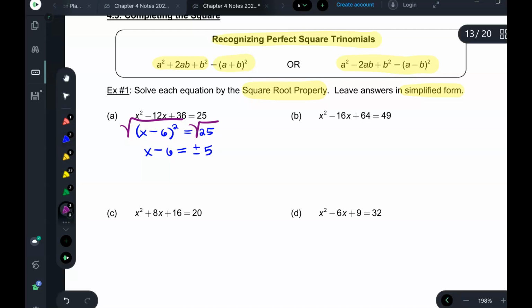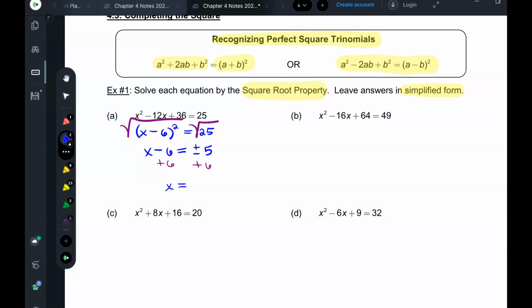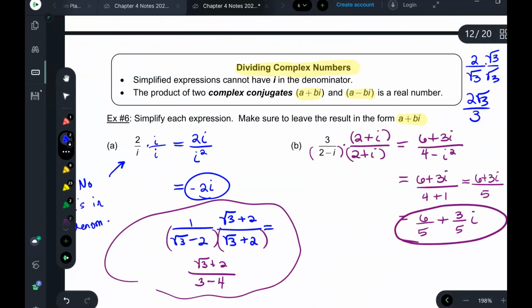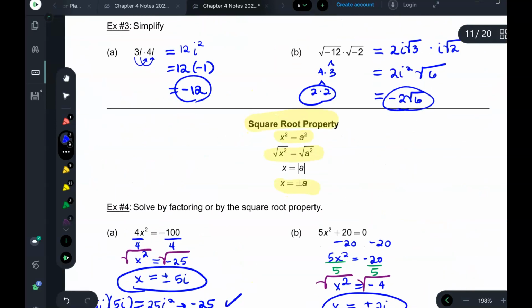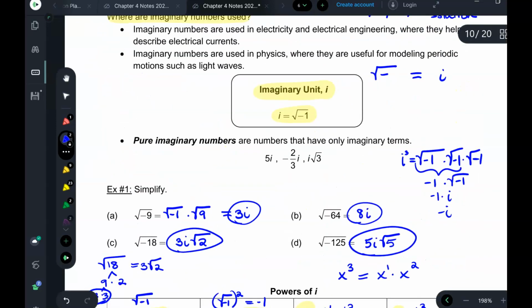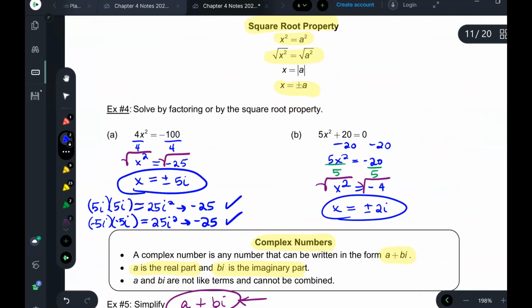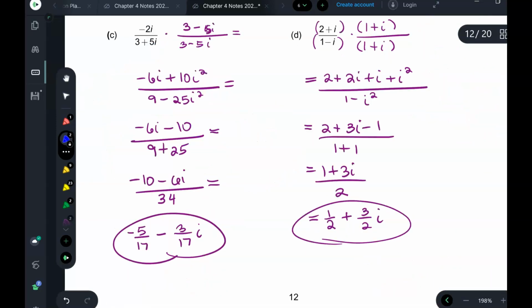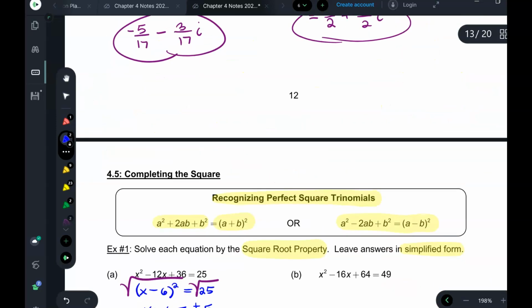So if I add 6 to both sides, I should get 2 answers though. Why do you do 1 or 11? Every time you have x squared, remember the previous lesson. Whenever we take the square root of both sides, you automatically get plus or minus. Like let's say I had x squared equals 81.